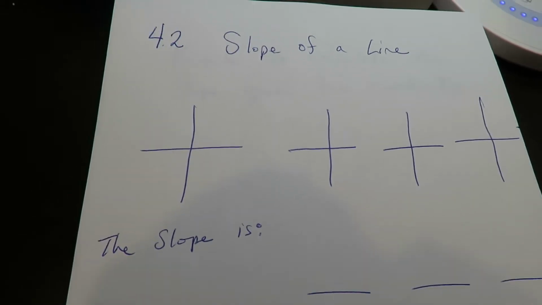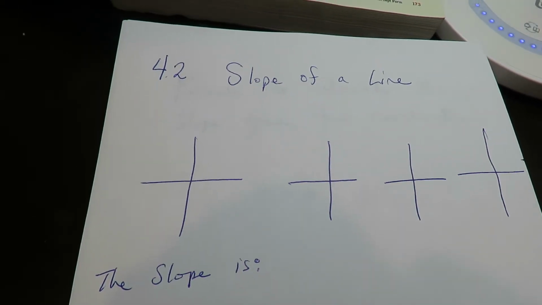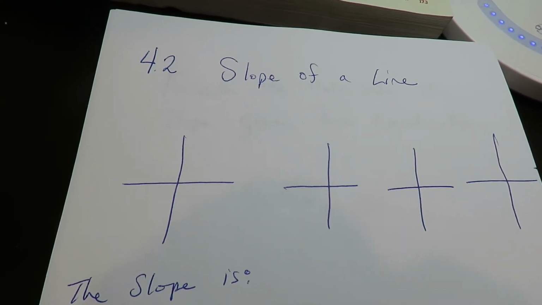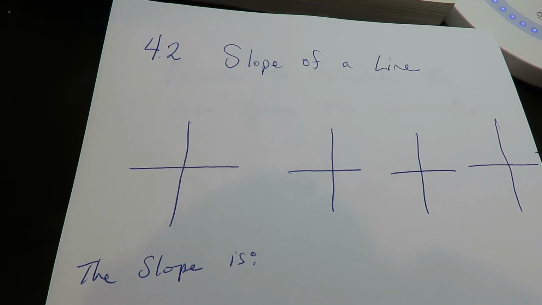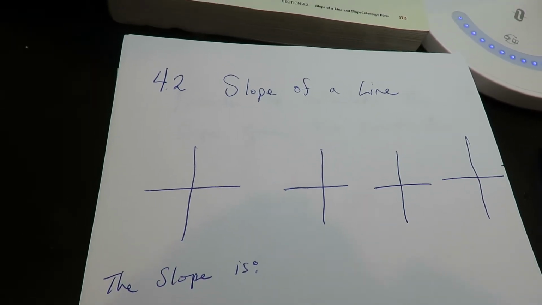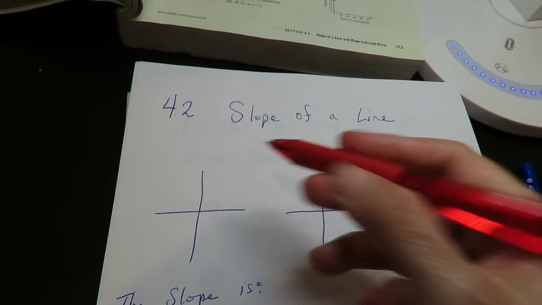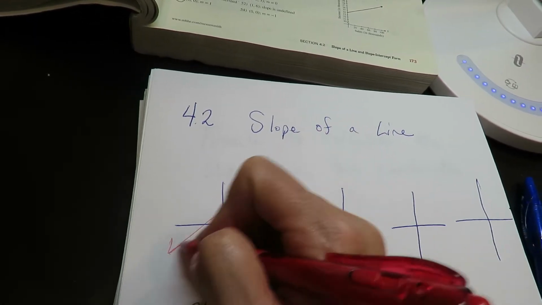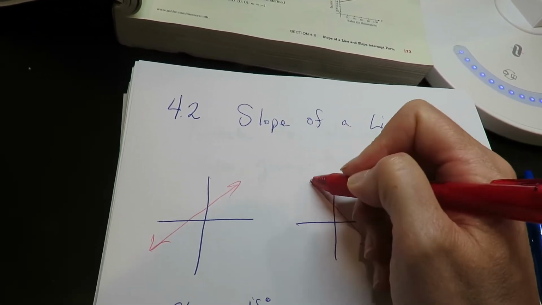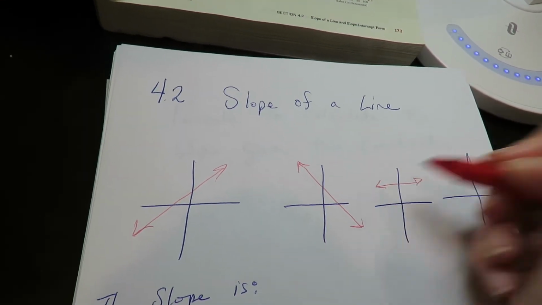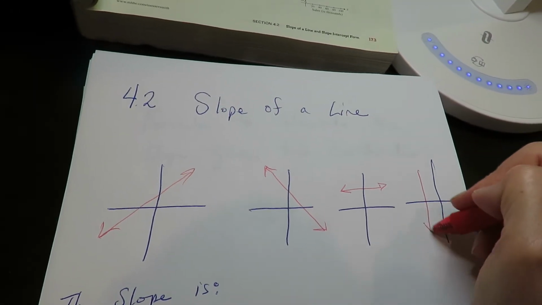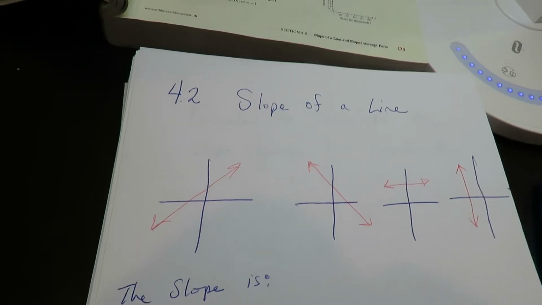What the slope of a line does is it gives the line its angle or its tilt. Okay? So just in very, very generic terms, let's look at different lines in terms of their slope.